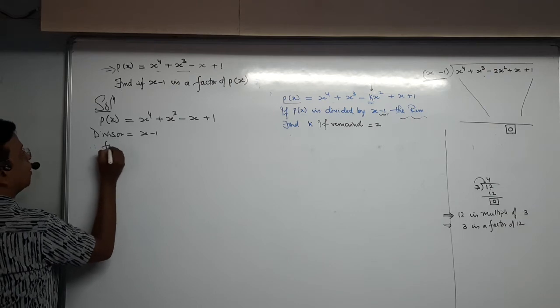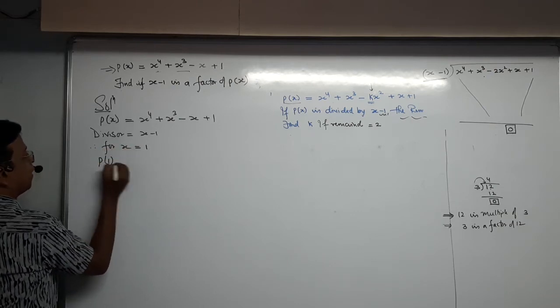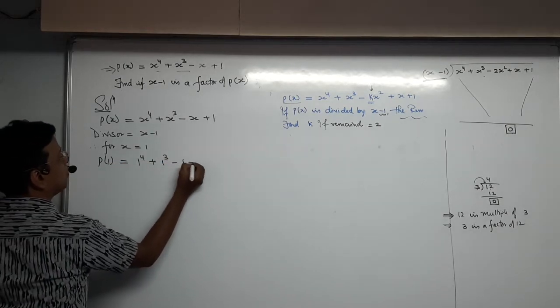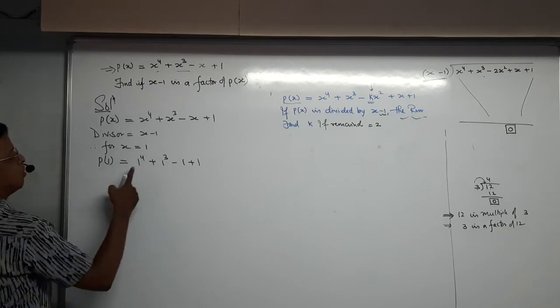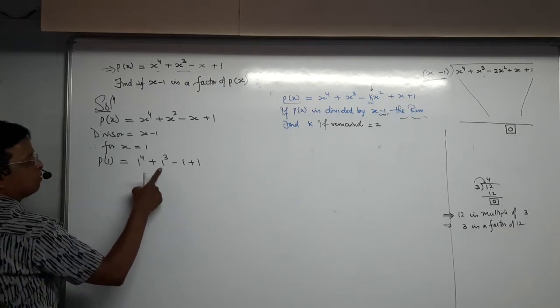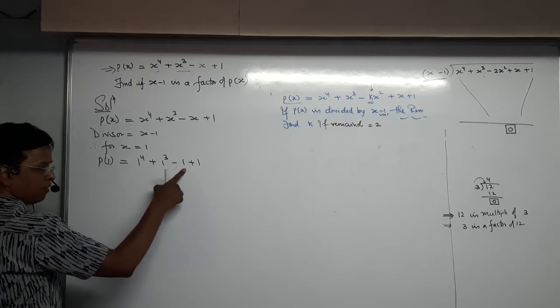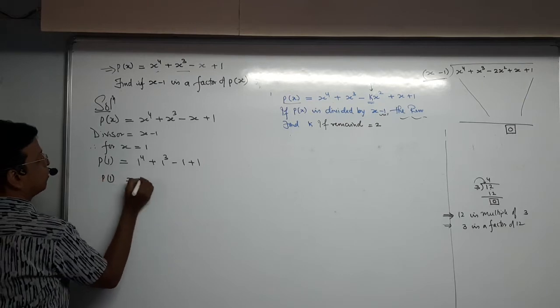Therefore, for x is equal to 1, what is p of 1? 1 raised to the power of 4, 1 cube, so this will be 1 plus 1, 2. 2 minus 1, 1 plus 1, 2. Again you will get p of 1 is equal to 2.